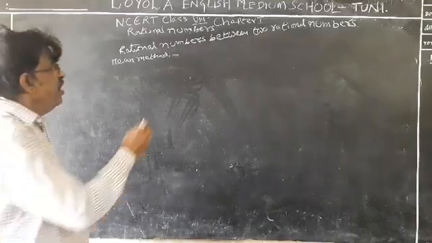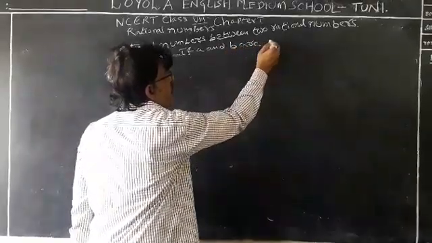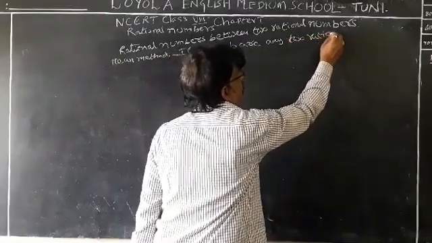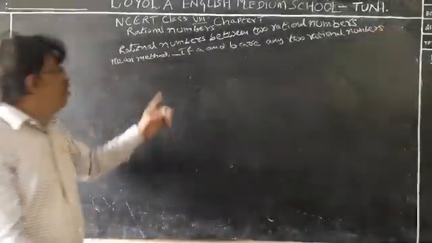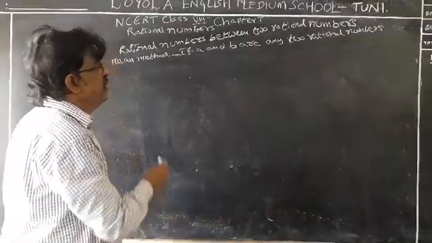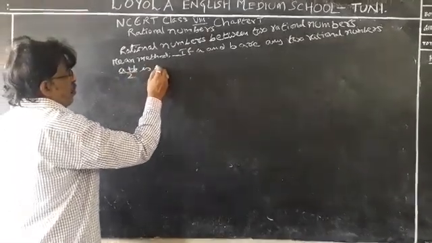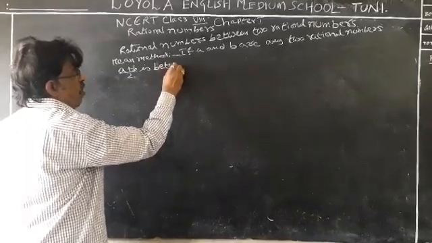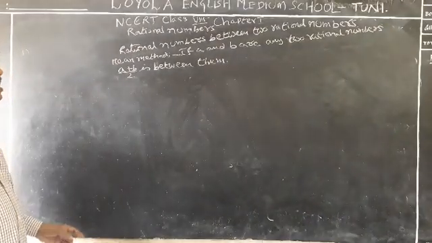The mean method is nothing but: if A and B are any two rational numbers, (A plus B) by 2 is between them.